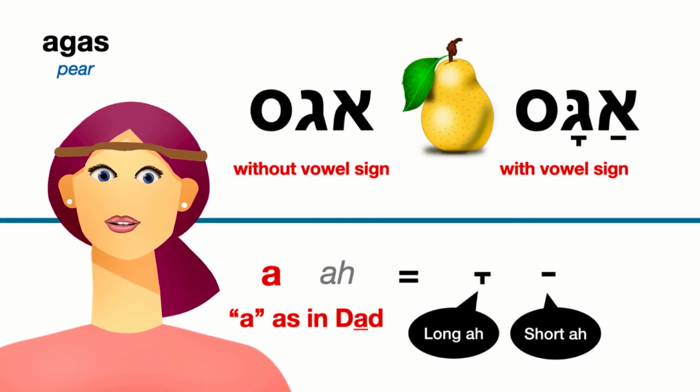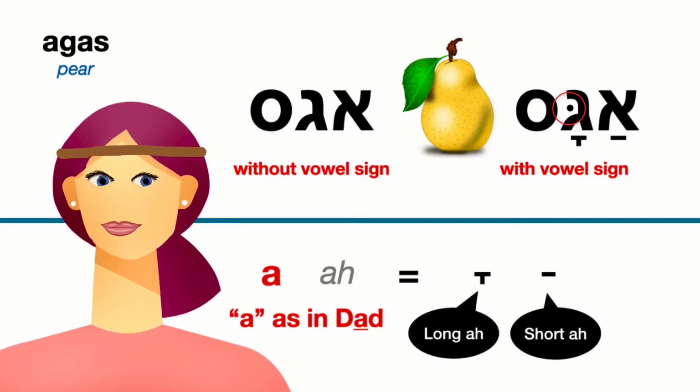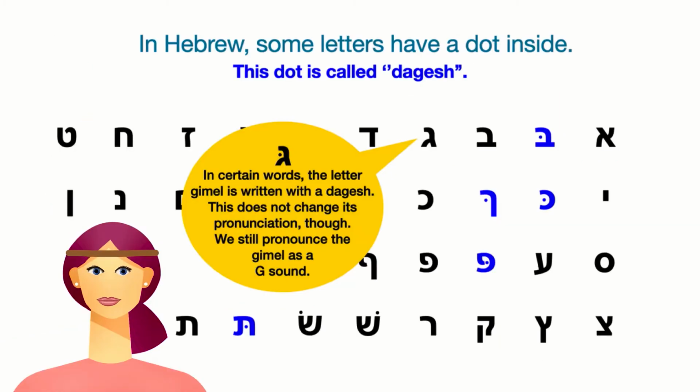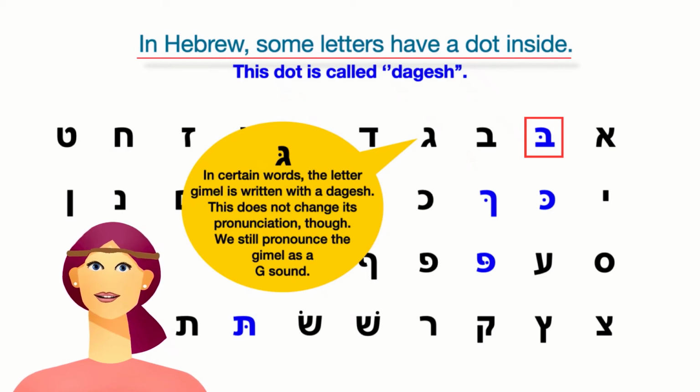And did you notice the dot inside the letter Gimel? That dot is called dagesh. In Hebrew, certain letters have the dagesh dot. We have already seen the example of the letter Bet, where the dot tells us to pronounce it as a B sound, and in the letter Kaf and Kaf Sofit, the dot in these letters tells us to pronounce a K sound.